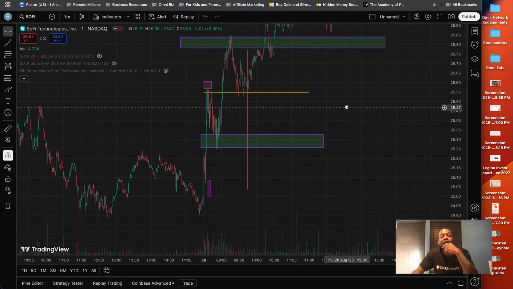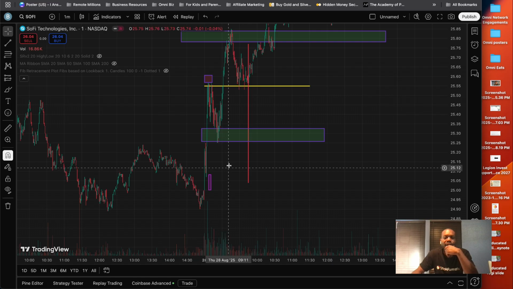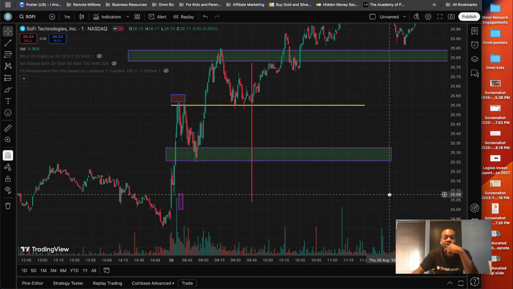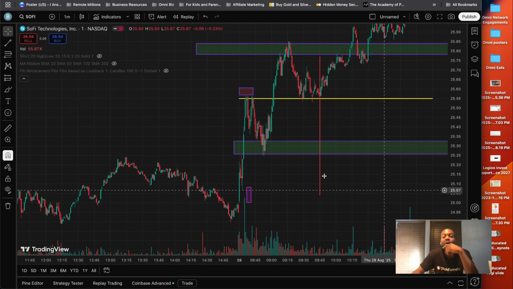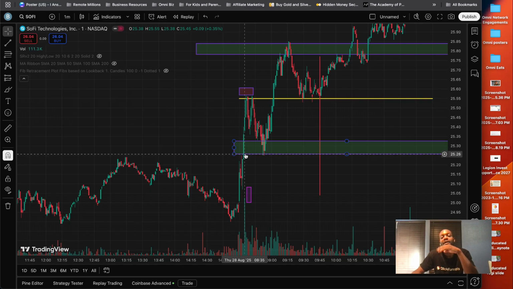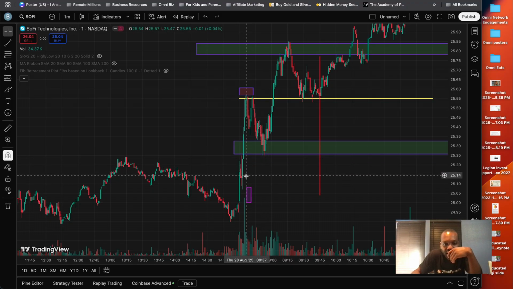I woke up today and came in on the open just to show how I would map out my support and resistance lines, but also when I would go in and when I would go out. So I'm gonna try to do a little summarized version of that real quick.